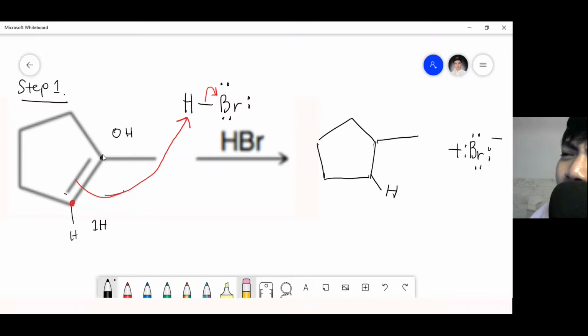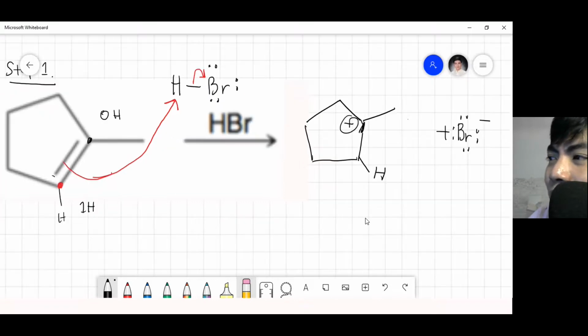And ano mangyayari dito? Magiging carbocation na lang yan. You will indicate it with a positive sign. It is important for you to indicate it with a positive sign. Ayan, so positive sign. The next step, step 2.